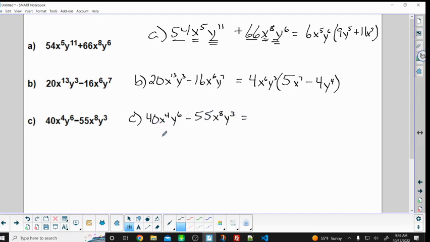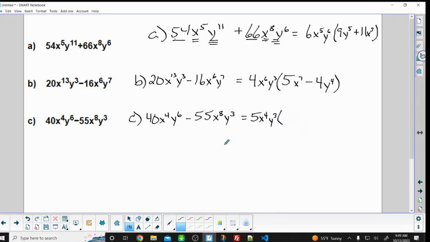A common factor between those two, well, I know they're at least divisible by 5. We have a 5 here and a 0 there, so let's pull a 5 out and see where that takes us. Then we have x to the 4th and x to the 8th, so I'm going to pull out that x to the 4th out of both of those. And then I have y to the 6th and y to the 3rd, and I'm going to pull out that y to the 3rd on both of those.